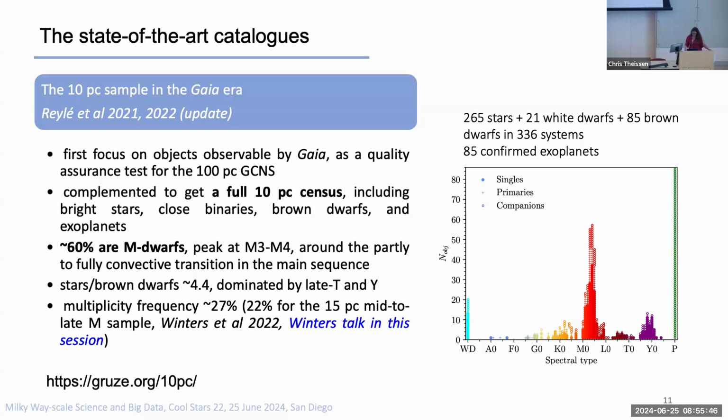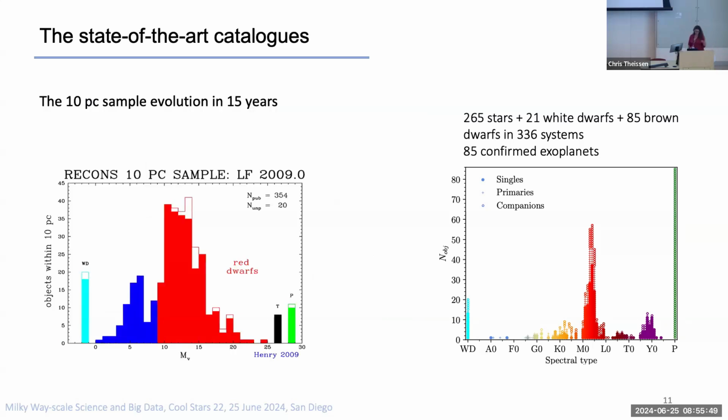And if you go to the RECONS website, you can find this plot, which was made 15 years ago, and it helps to understand how the sample has evolved in 15 years. So nothing much new regarding white dwarfs and massive stars.